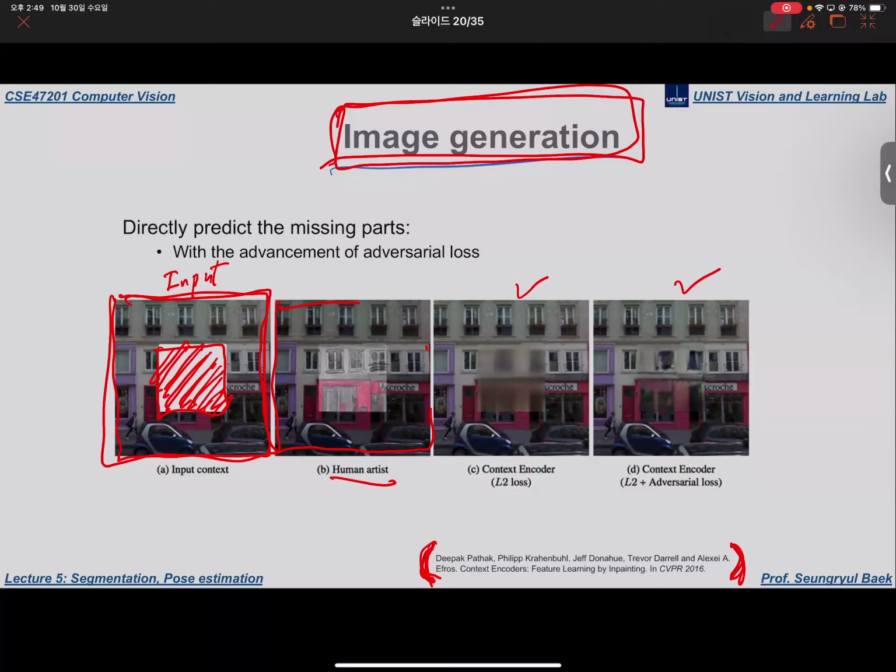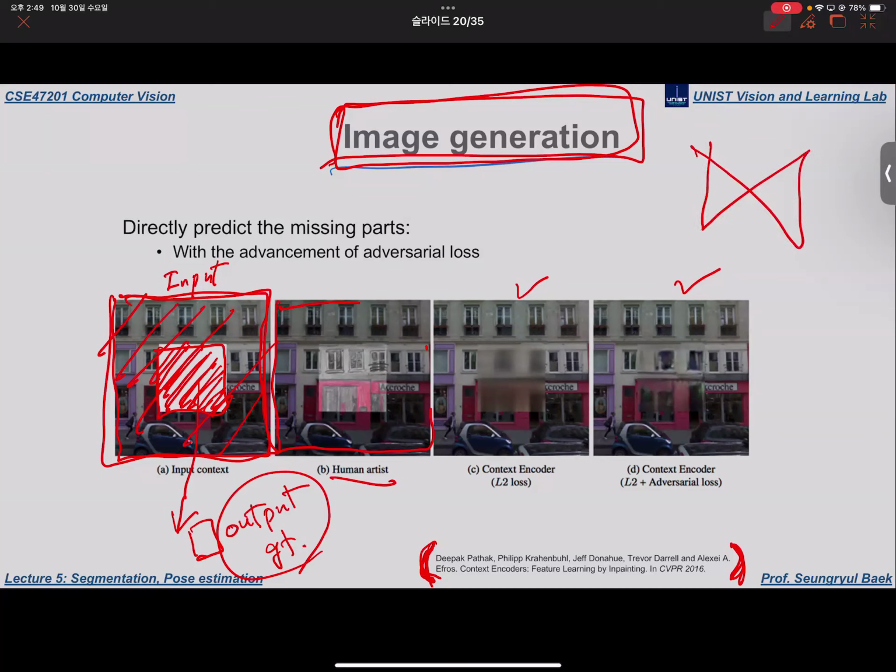So you make the deep learning architecture like that, with this as the input and the removed patches as the output ground truth, and train that encoder-decoder network.